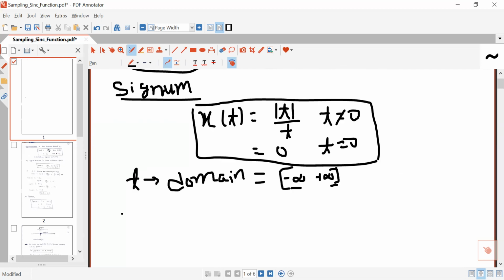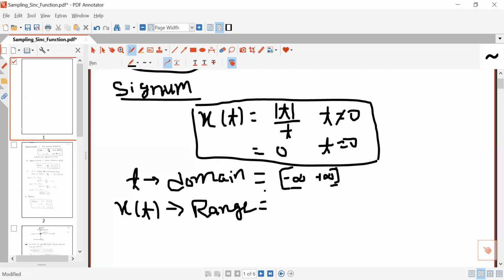But what will be the value of x(t) when you substitute any value of t? This x(t) is called range. And I am going to show you that you can substitute any value of t, but x(t) will be either minus 1, or 0, or plus 1.